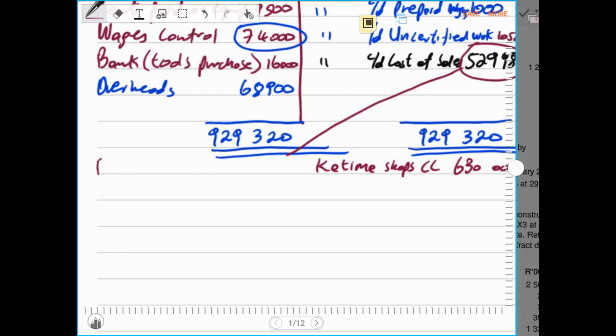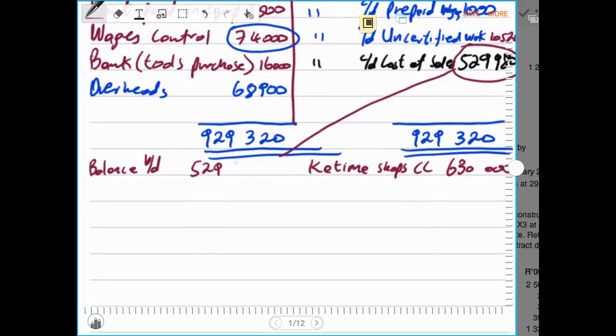So now we say balance brought down is no longer carried down now. Balance brought down 529,980. We are bringing the cost of sales to the debit side.